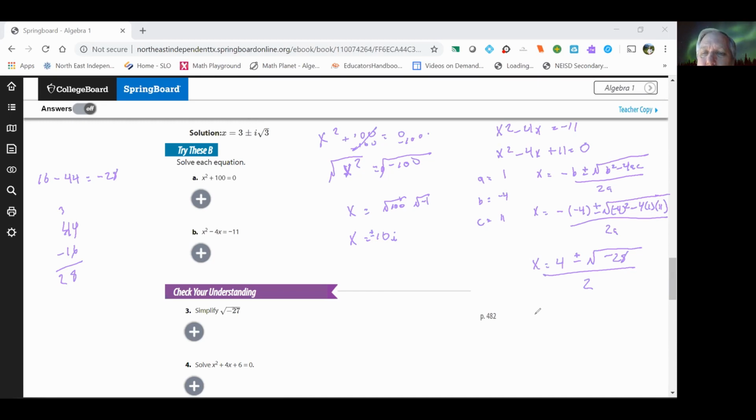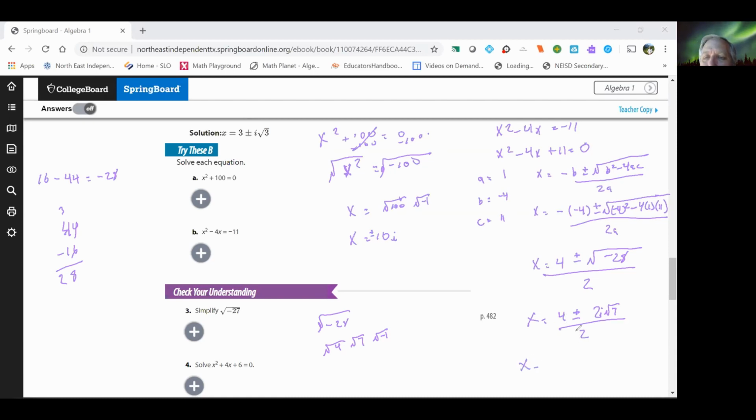And so x is equal to 4 plus or minus the square root of negative 28, which could be rewritten as the square root of 4 times the square root of 7 times the square root of negative 1. So the square root of 4 is 2, the square root of 7, and the square root of negative 1 is i, all that over 2.